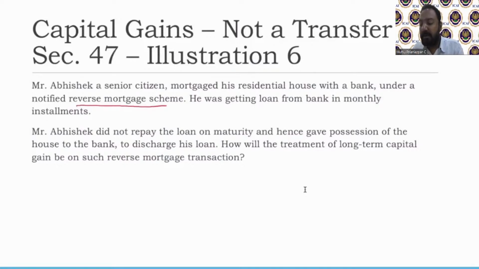Now, is this treatment taxable or not taxable? Basically, we said any transfer of a capital asset based on a reverse mortgage, if notified by the central government, will not be a taxable transaction. In this case, whatever has happened to Abhishek will not be regarded as a transfer. Why?